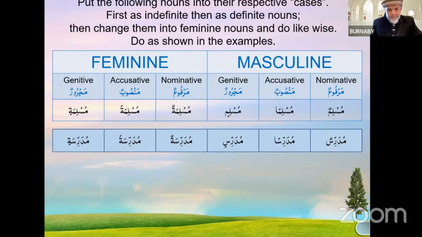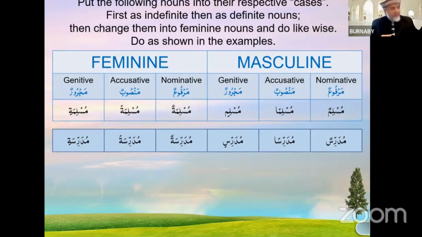I'll pass it on, brother, if you can explain. Okay, if I say Kitabu Mudarrisatin, what does that mean?